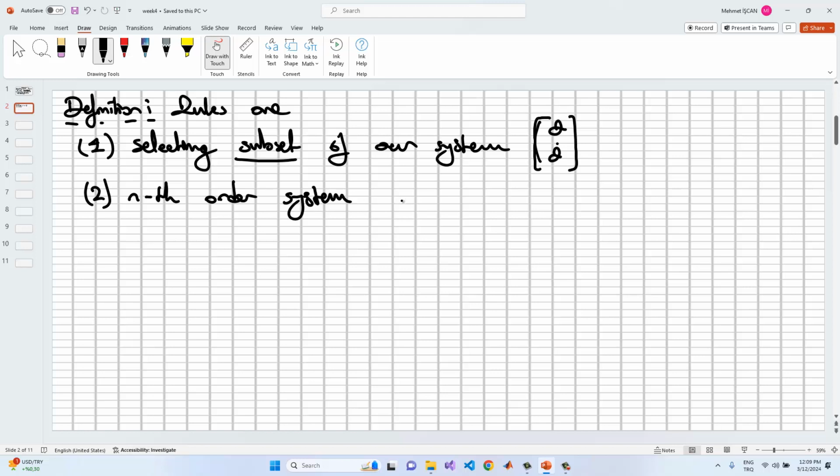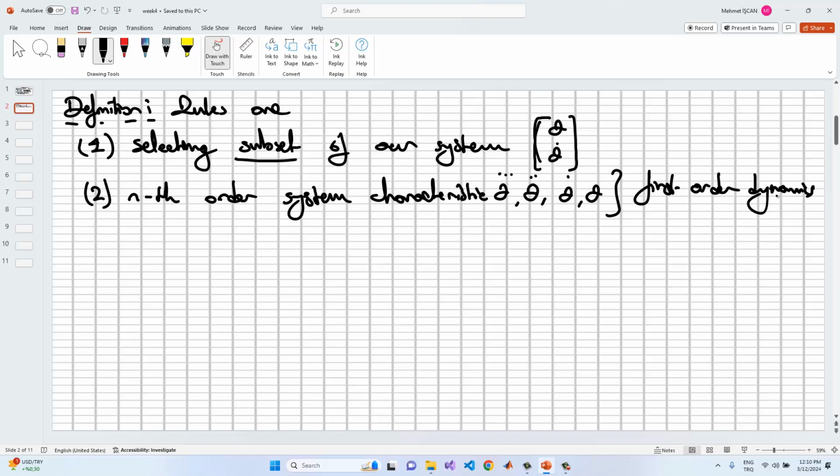Okay, and in another place we can define the nth order system characteristics. For example, we have theta dot or theta, or we have the triple dot operator here, and so we can define this system based on the first order dynamics in state space formation, because at each state we can take the state of this term, and the derivative of this term is equal to the velocity value.